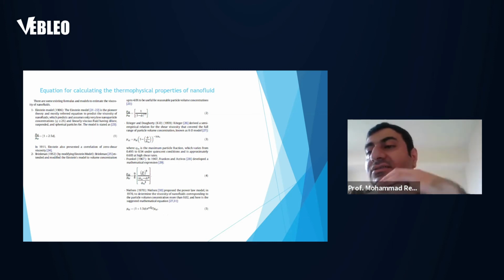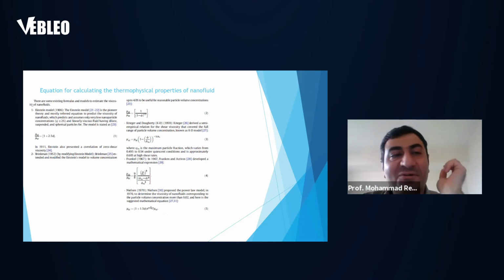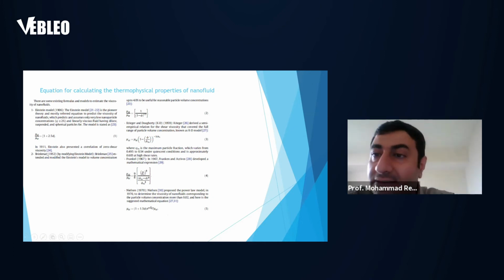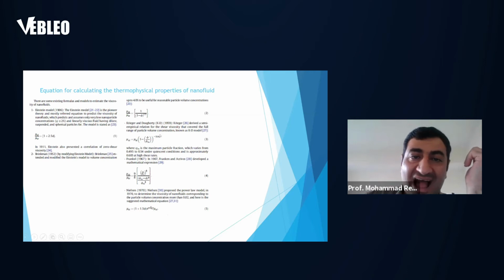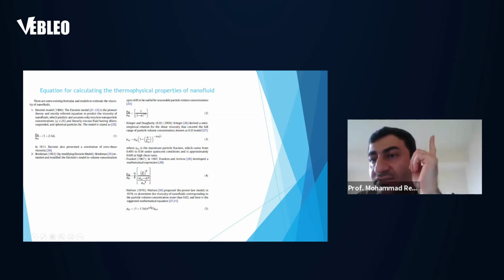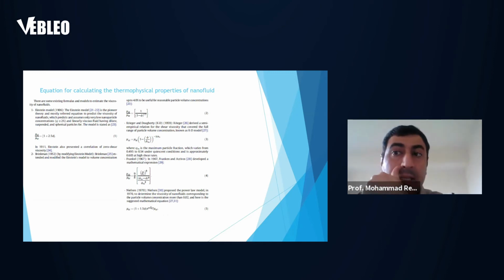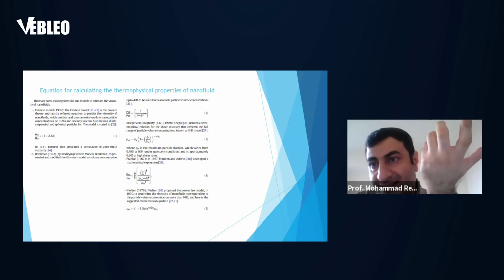Nanofluid was introduced in 1995 by S.U.S. Choi. But some people use the Einstein model or models from 1950 or 1960 for such fluid. Do you think it worked properly? I don't think so. Many other people also don't think so. These formulas were developed for micro-sized fluid. I told you, around 150 years ago, researchers could make micro-sized fluid, or microfluid.